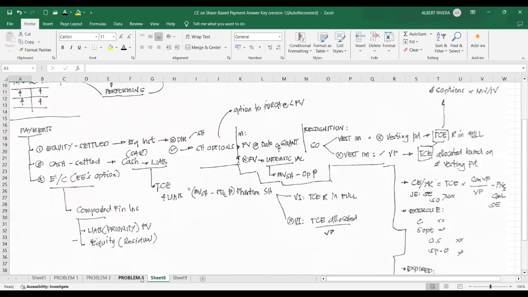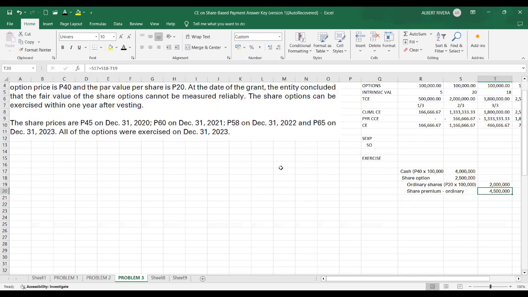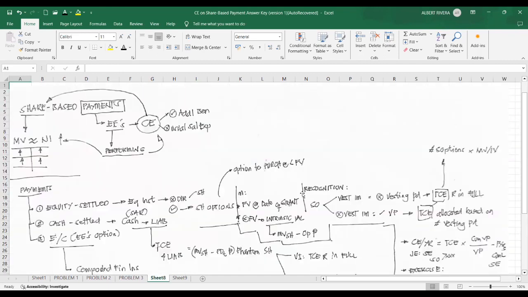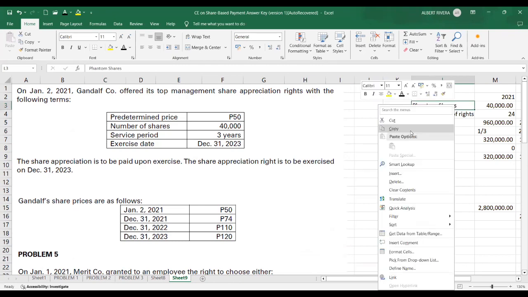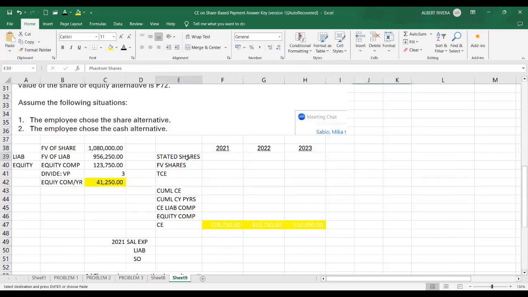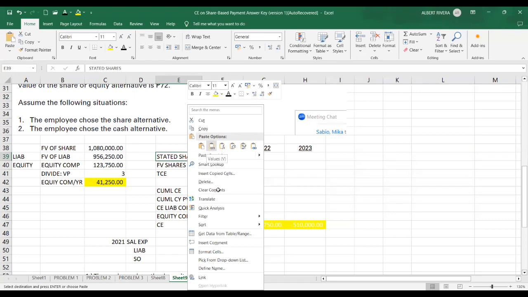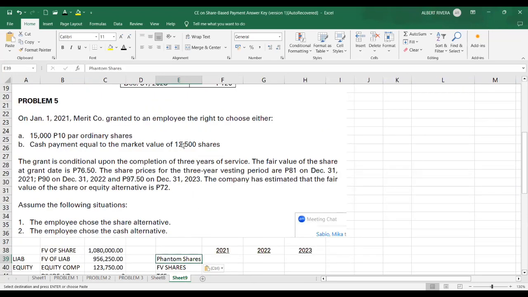So, for the liability component, you will use, where did we have the phantom shares earlier? This is your phantom shares, or the stated number of shares, the 12,500.